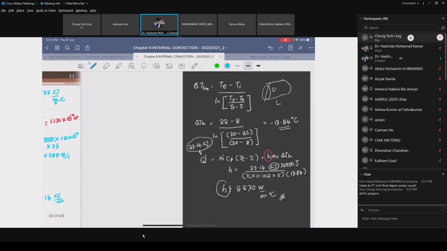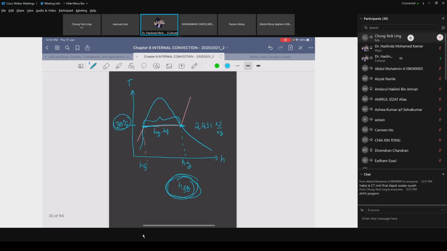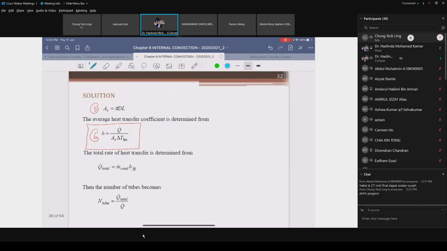So the question tadi dia kata how many tubes can be used so that we can transfer the intended heat. Kalau you see this, okay, I don't want to distract you. Okay, Q total for the entire heat exchanger, this is the formula.